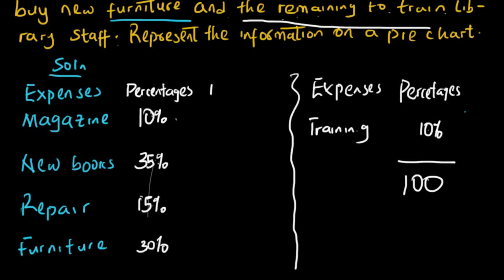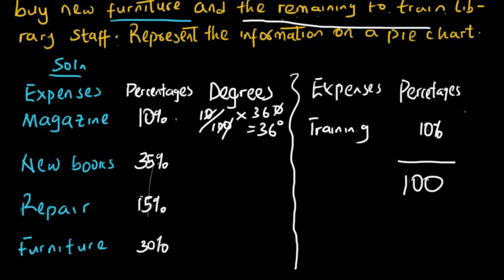Now lastly, we need to turn this into degrees. Remember how we turn into degrees? What we have divided by the total times 360. Can you remember? So we have 10 over 100 times 360. 0 cancels 0. 0 cancels 0. So we have 36 degrees.